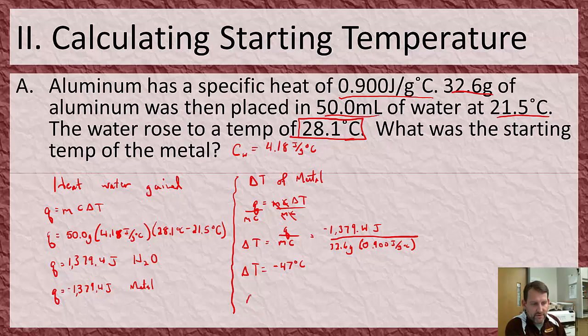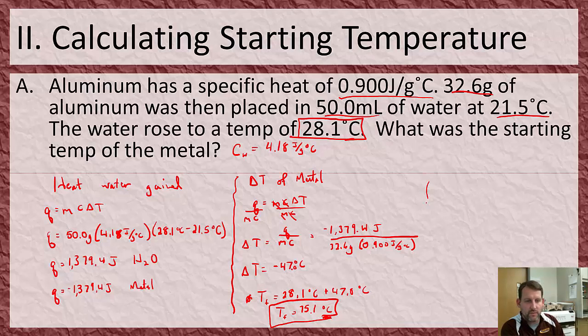So that means my initial temperature must be 47 degrees more than my ending temperature. I can do 28.1 degrees Celsius plus 47.0 degrees Celsius, and that's going to give me an initial temperature of 75.1 degrees Celsius. Bam.